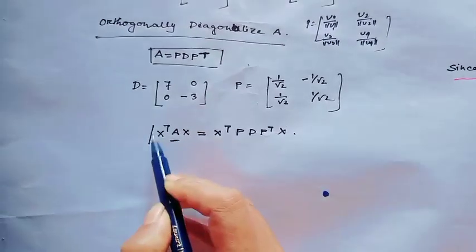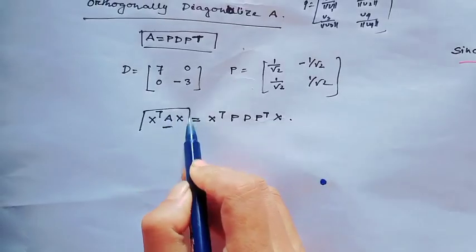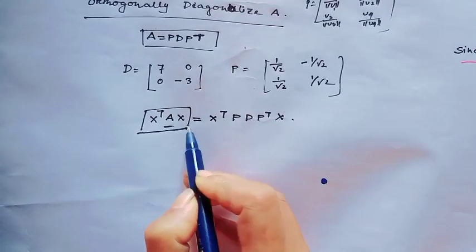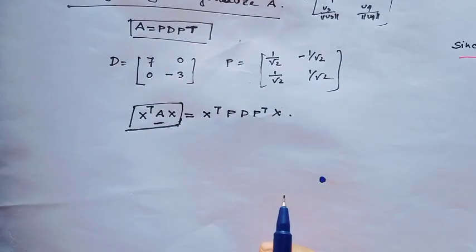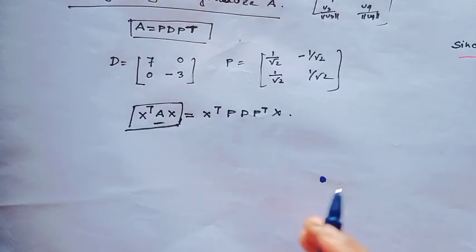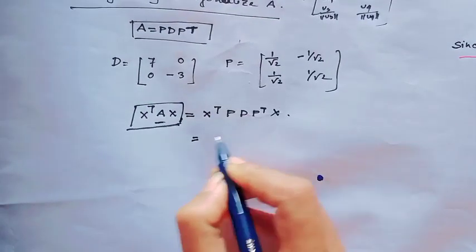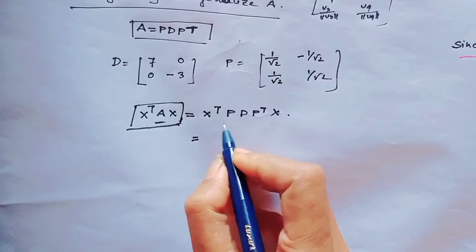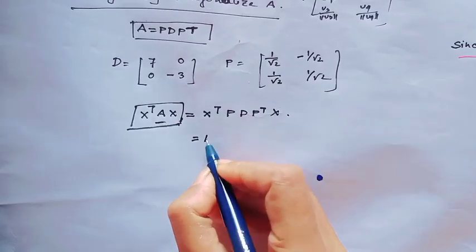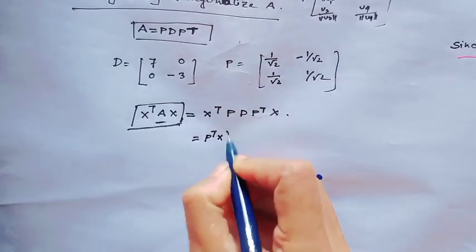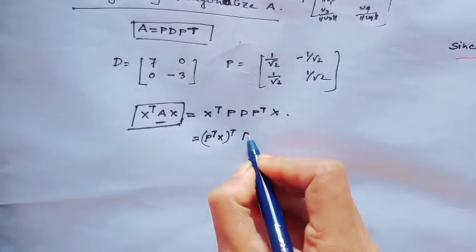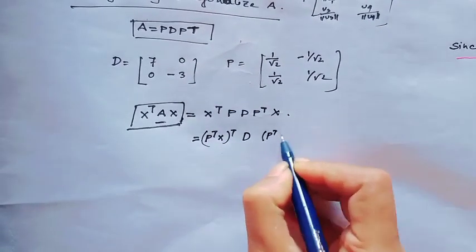Here this quadratic form would be transformed into a new quadratic form, and this is the actual idea of the principal axis theorem, because we can write this as P transpose x transpose D P transpose x.